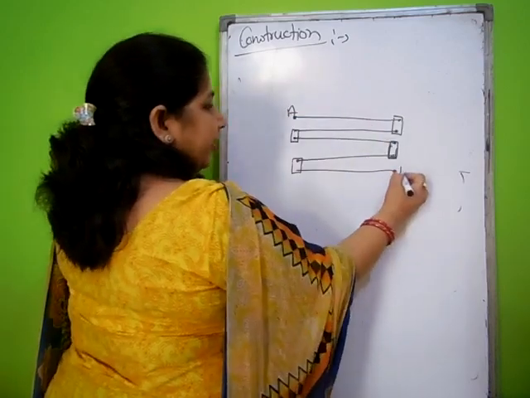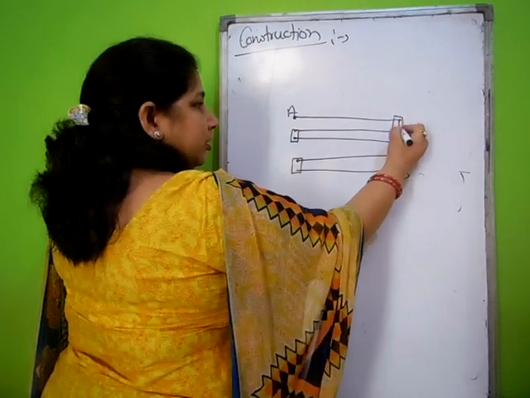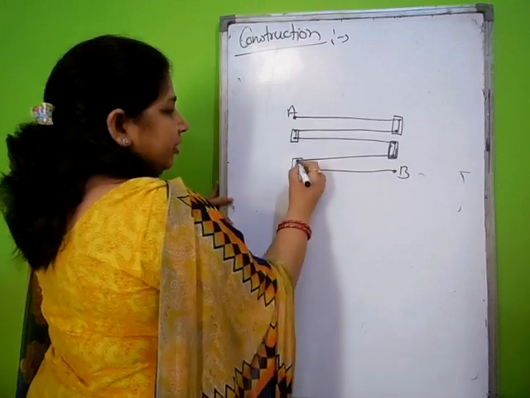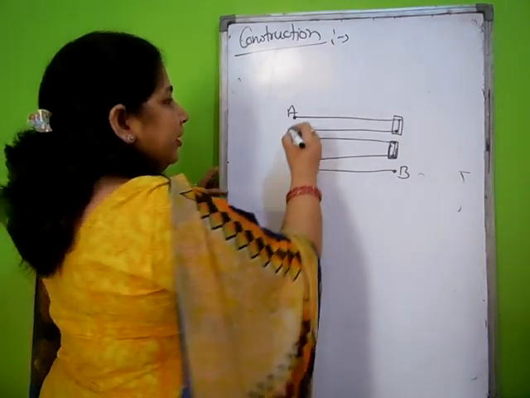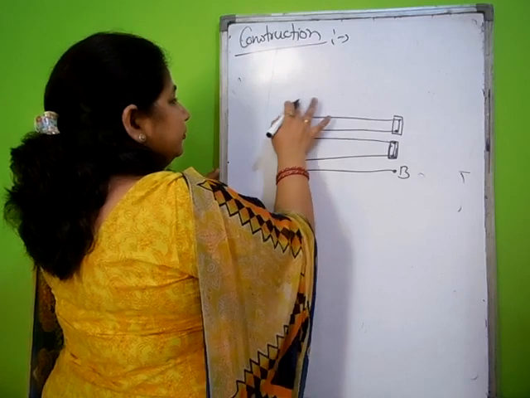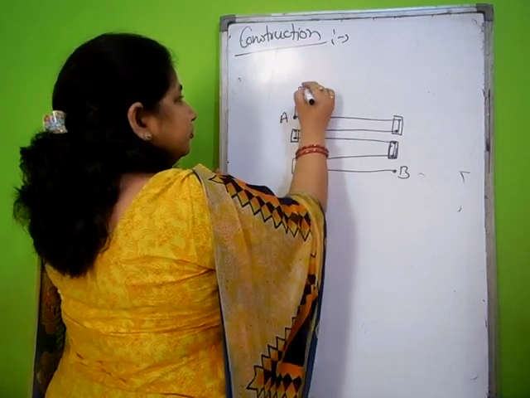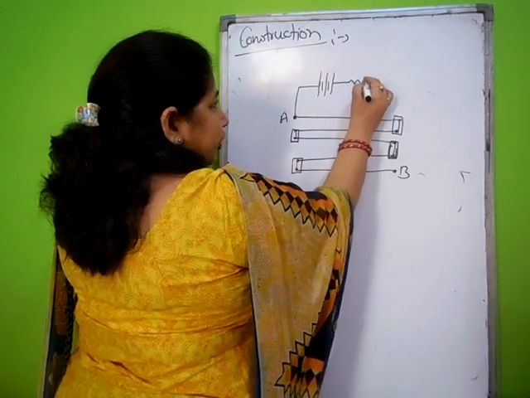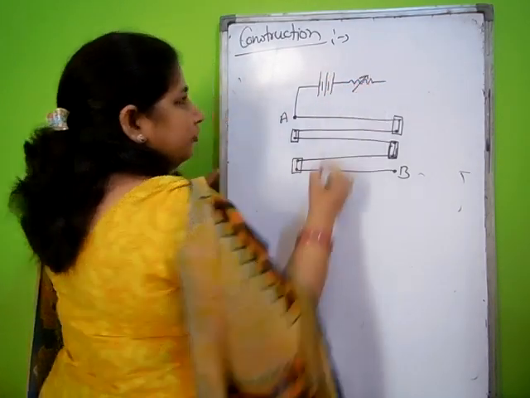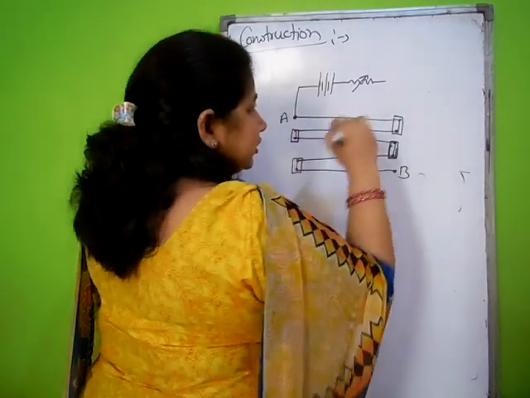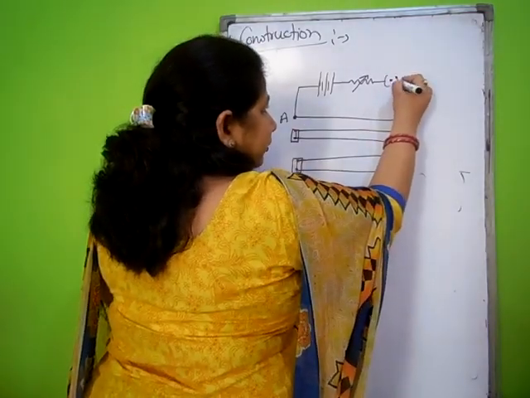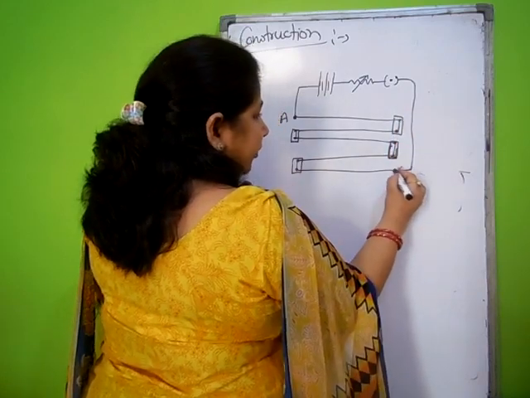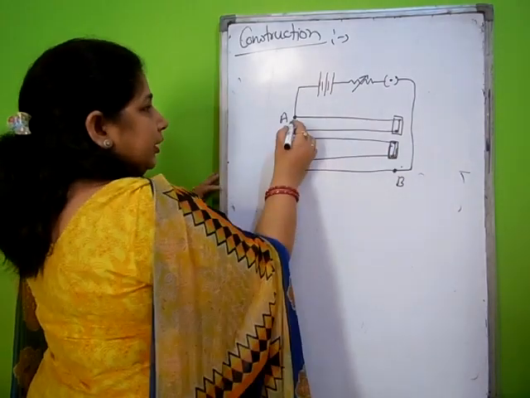It is looking as 1, 2, 3, 4, 5 wires, but actually it is 1 wire, and here we have to connect a battery, a rheostat, which can vary the resistance of the circuit, a key, through A and B. This is the B point and this is the A point.